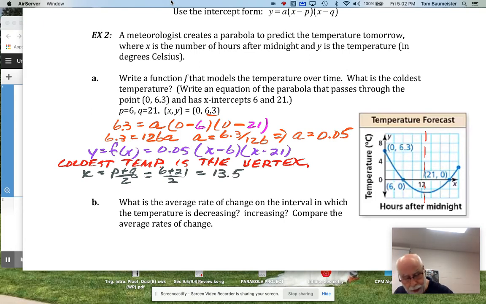And then we're going to plug in that 13.5 into our f of x.